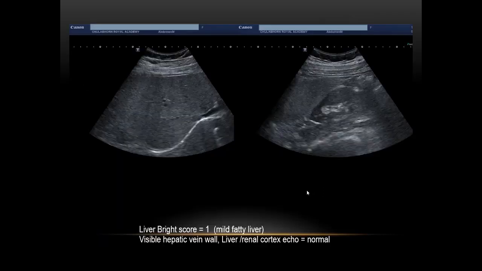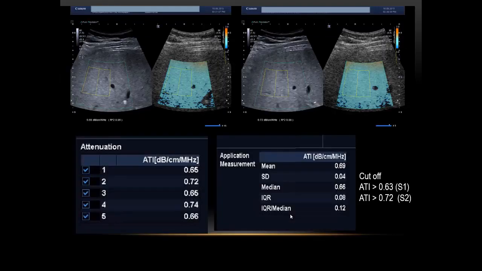So the second one is an example of mild fatty change on B mode grayscale. You see the mild fatty change compared with the renal cortex. The brightness score is 1. Considered mild fatty change, so we do the ATI.